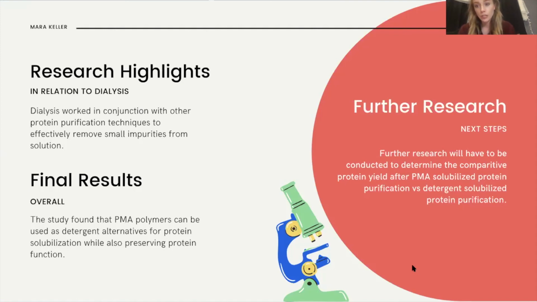However, further research still needs to be done on these practices because protein yield was very low for the proteins that were solubilized in PMA as opposed to detergent. However, there was some sample loss throughout the experiment, so that is what the researchers attributed that to.